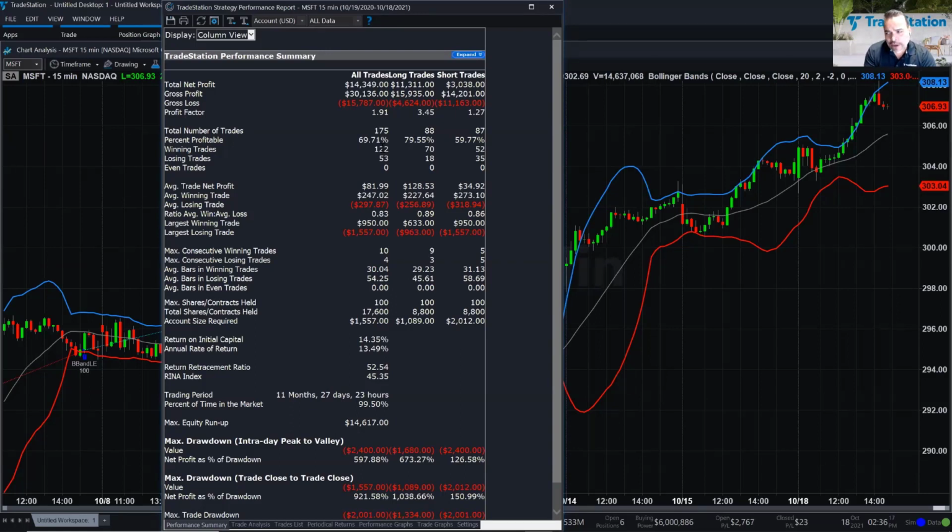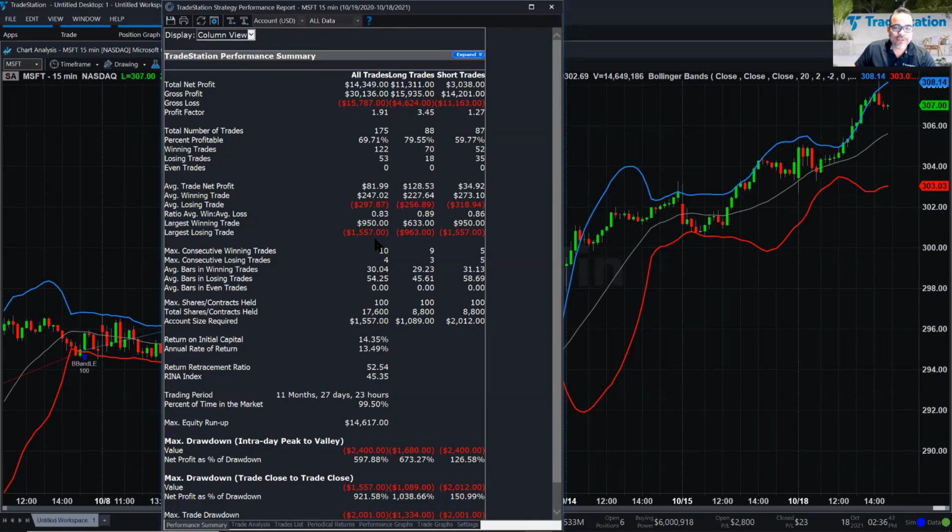On a trend following strategy, the normal percent profitability should be around 30 to 40%. So this is interesting. It tells you how many winning trades or losing trades you have. A lot of these fields are self-explanatory and very obvious. But there's a couple of things that I want to point out. Largest losing trade compared to your largest winning trade.